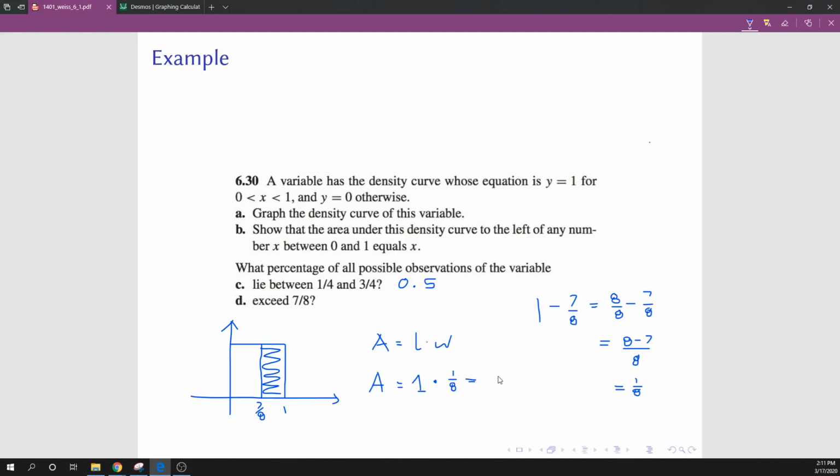So multiply those two together and get 1/8. And that's the answer on this one. So 1/8, or as a decimal, that is 0.125. Okay, and that's it on this problem.